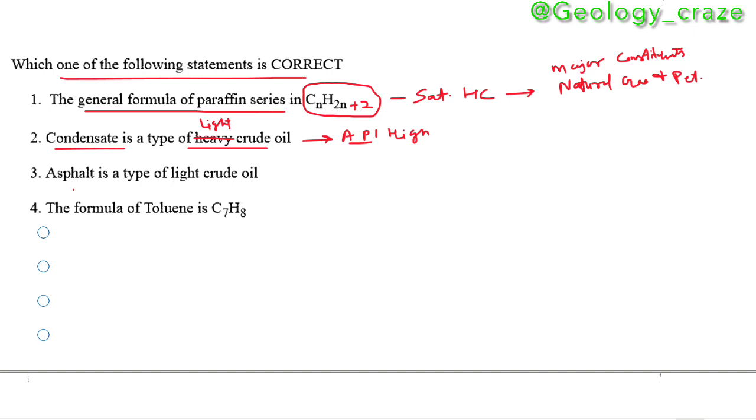Next, the third option: asphaltene is a type of light crude oil. No, it is a type of heavy crude oil.